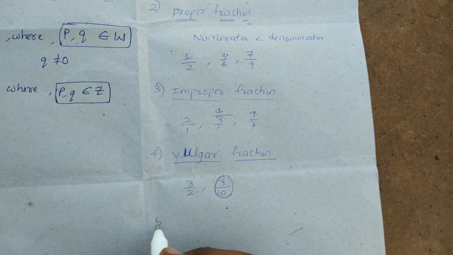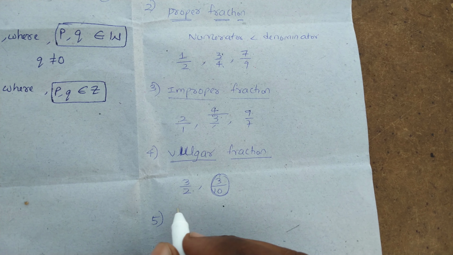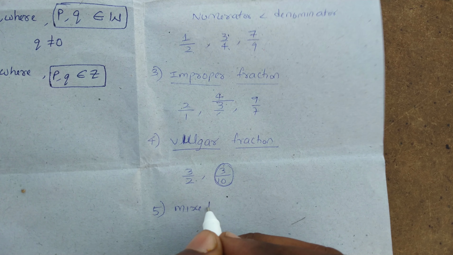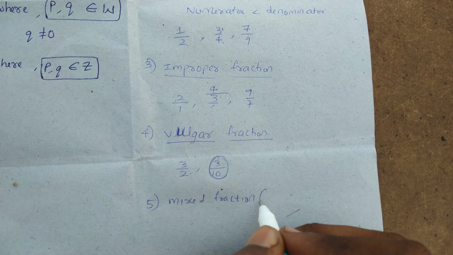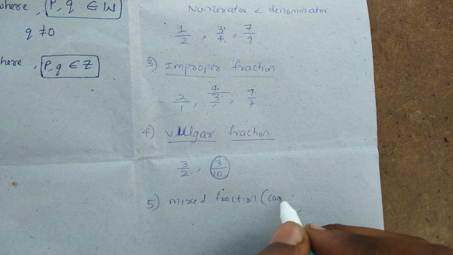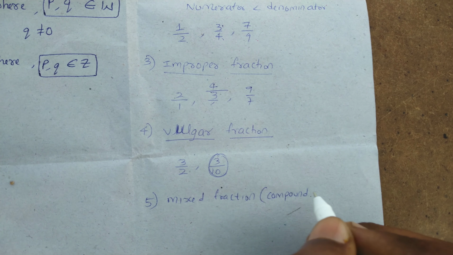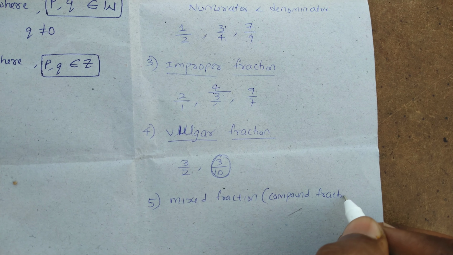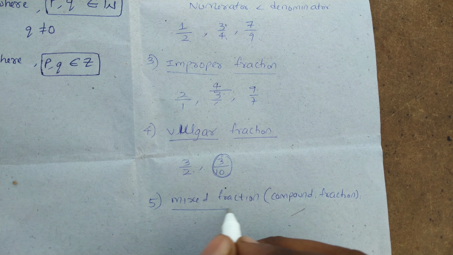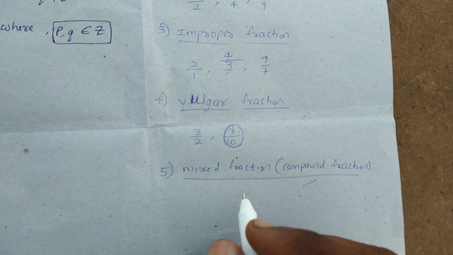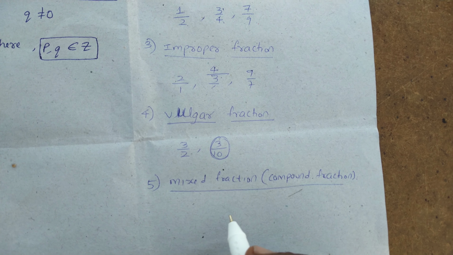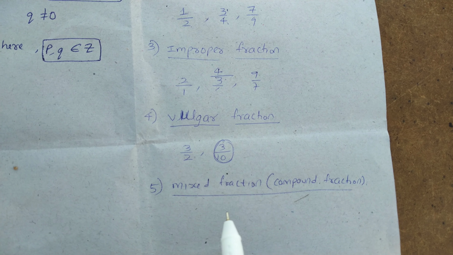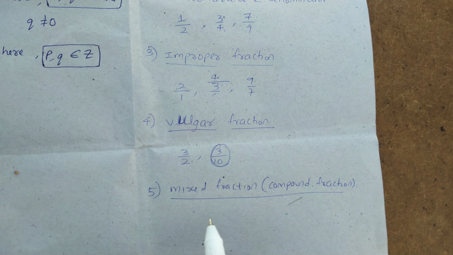Clear? And the fifth one, mixed fraction. We have another name for mixed fraction, compound fraction. Mixed fraction or compound fraction, both are the same. What is the definition of a mixed fraction? It is a combination of a whole number with a proper fraction.